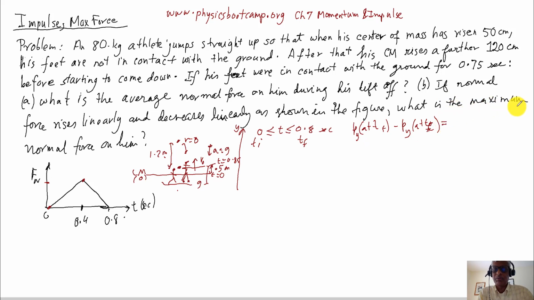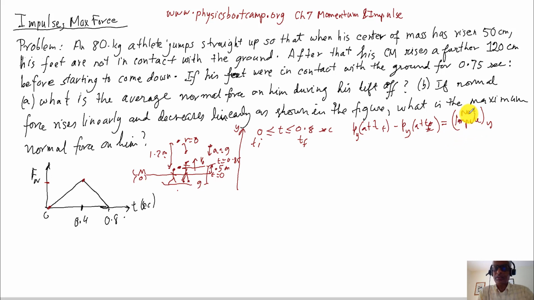This must be equal to, during this time, the net impulse, y component.